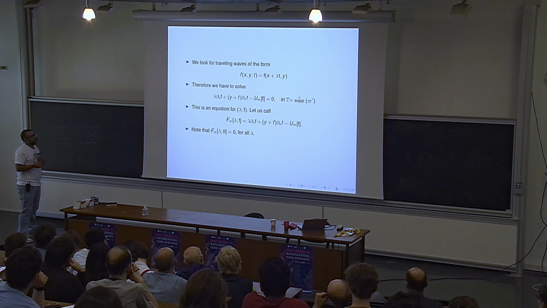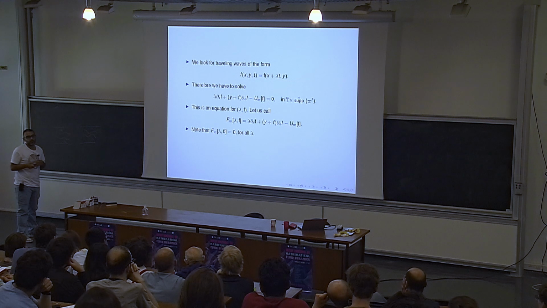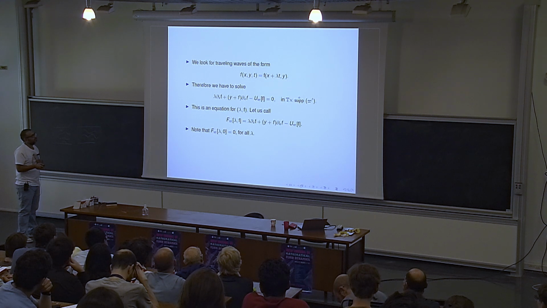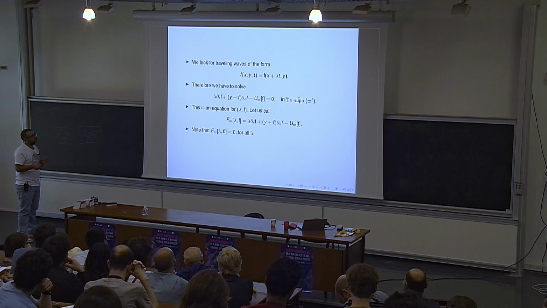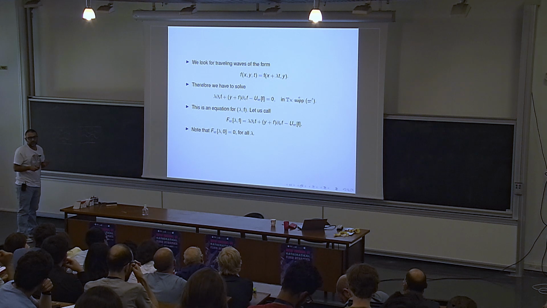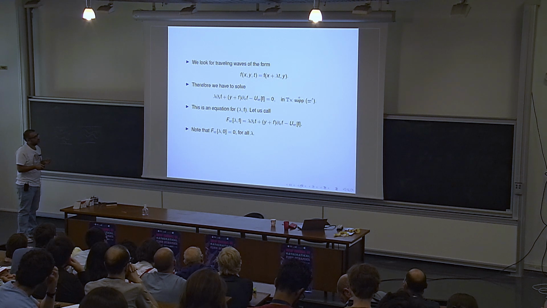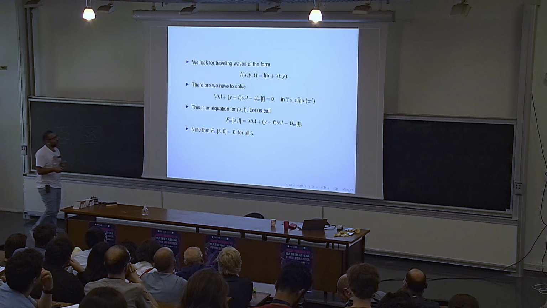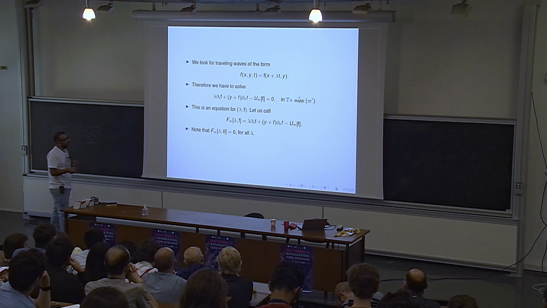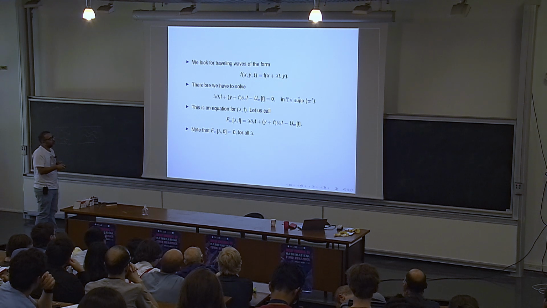Okay. Then, if we are looking for a traveling wave solution, that means that the time dependent function f can be written as just a translation with the speed of lambda in the first variable. And if you introduce this ansatz in the equation, you arrive at this equation that you have to solve in the interior of the support of varp prime.